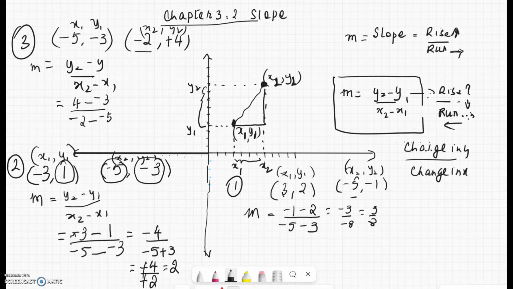This is why I say write down everything, don't skip any steps. So it's 4 plus 3 over -2 plus 5. 2 negatives make a positive, so that would be 7 over 5 minus 2 is 3. So the slope is 7/3.